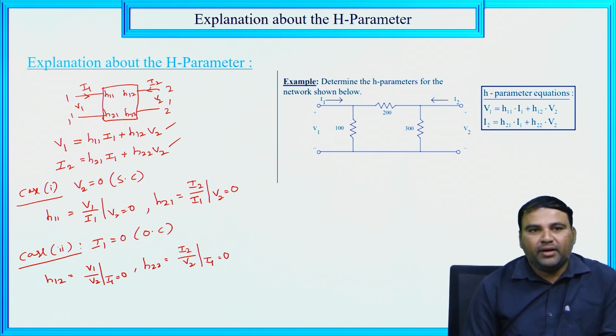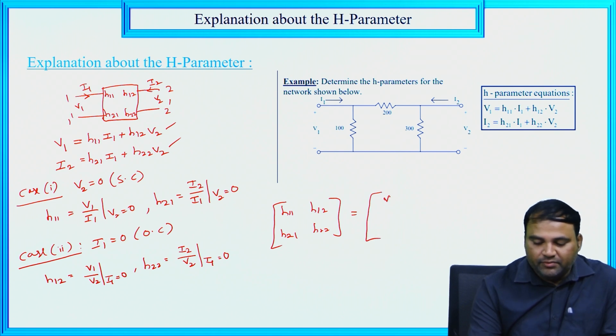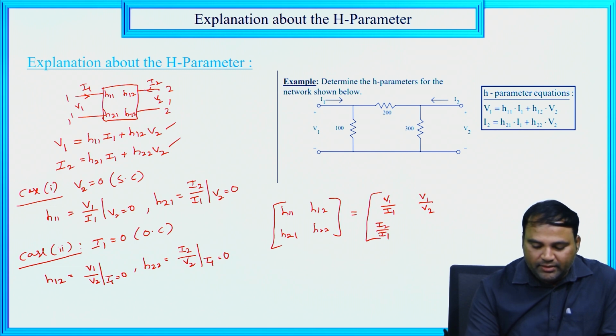Now these four equations we have to write in matrix form in terms of the H parameters: H11, H12, H21 and H22, where H11 is V1 by I1, H12 is V1 by V2, H21 is I2 by I1, and H22 is I2 by V2.